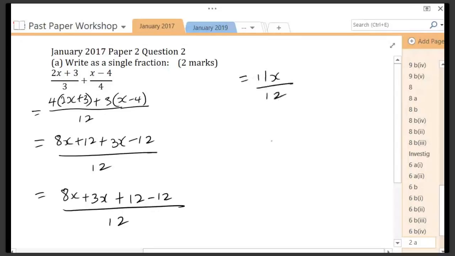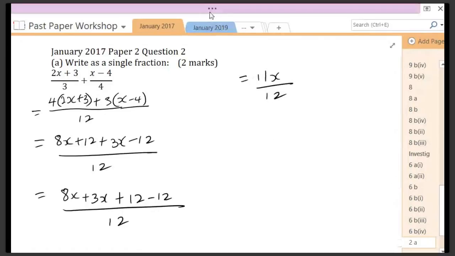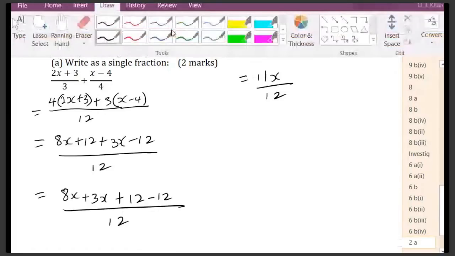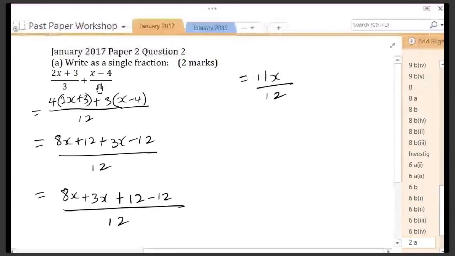So I'll go over it again. In order to make these two fractions one, I need to find the LCM. The LCM is 12. Divide the LCM by the denominator, and the answer I will multiply by each numerator.